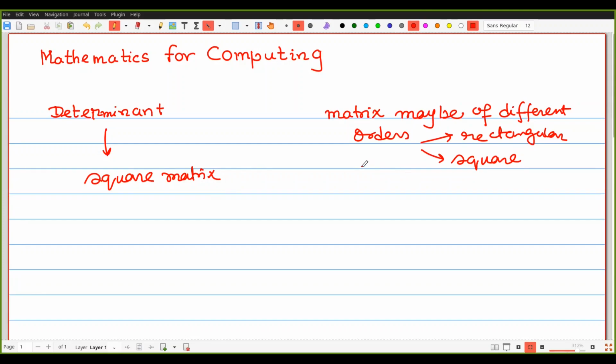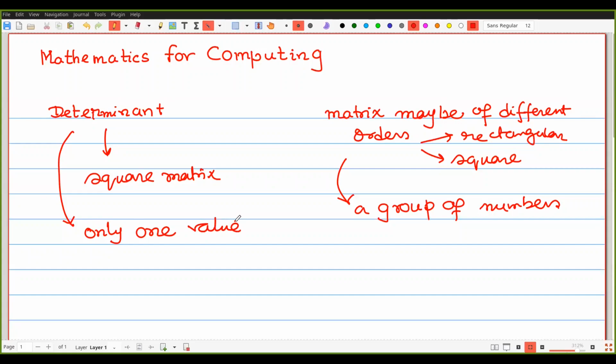Now the second one, what is a determinant? A matrix is a group of numbers, elements, or values arranged in row and column form. In the case of a determinant, it is only one value.